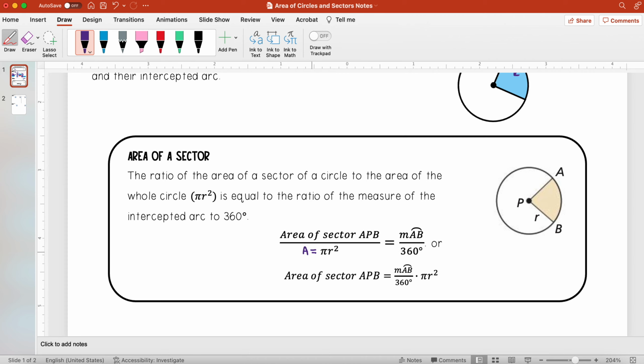So remember, A is equal to pi r squared, and we have the measure of AB over 360. And if you're just finding the area of the sector, you can multiply that area onto the other side to get this equation as well.